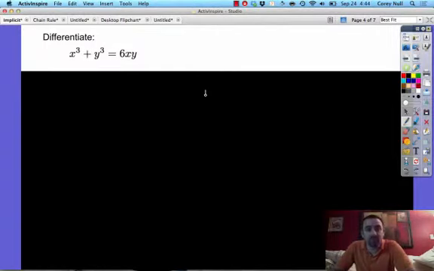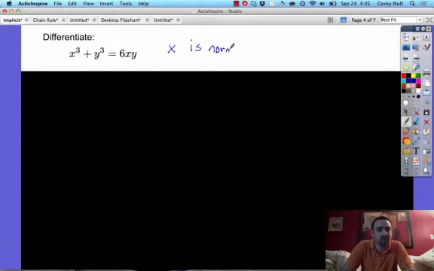So let's do this one now. Now, something I want you to think about when we're doing this. The way this works, you differentiate x normally. In practice, we differentiate x normally.